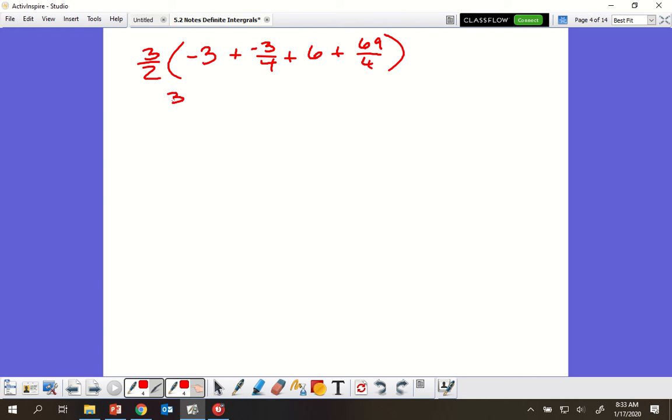So it's 3 over 2 times 39 over 2, which is going to give me, let me see, 117. So 117 over 4.